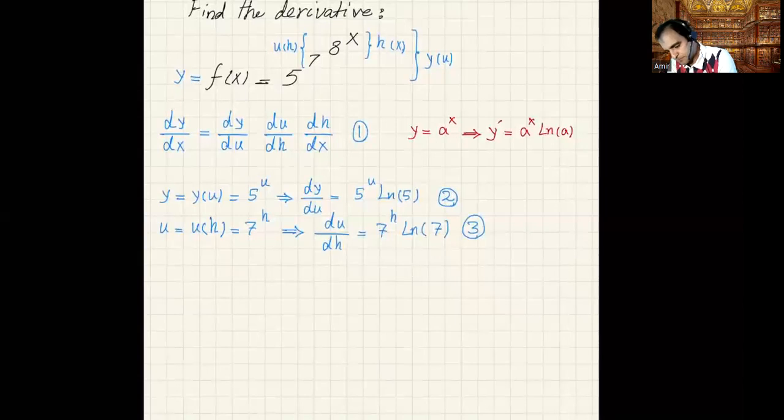So h is equal to h of x, 8 to the power of x. So we know it at the level of x as a variable. So dh over dx, which is this part here in the chain rule, is equal to 8 to the power of x ln of 8.